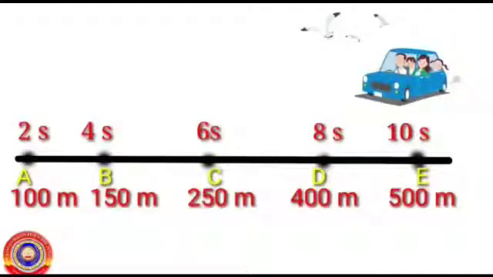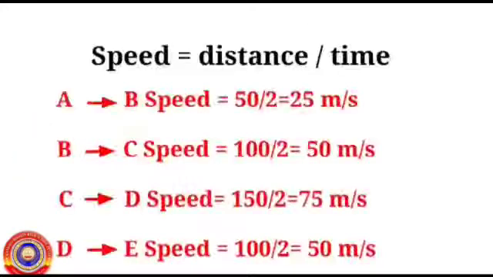That is, it covers unequal distance in equal intervals of time. When we find the speed at each interval, it was found that the magnitude of speed changes in each interval. As the magnitude of speed changes, the velocity of the car is not uniform.